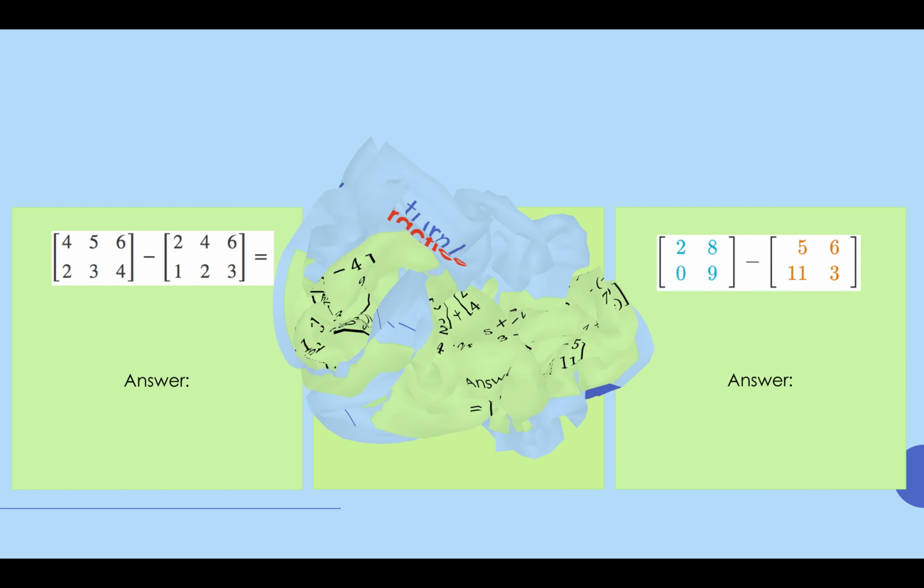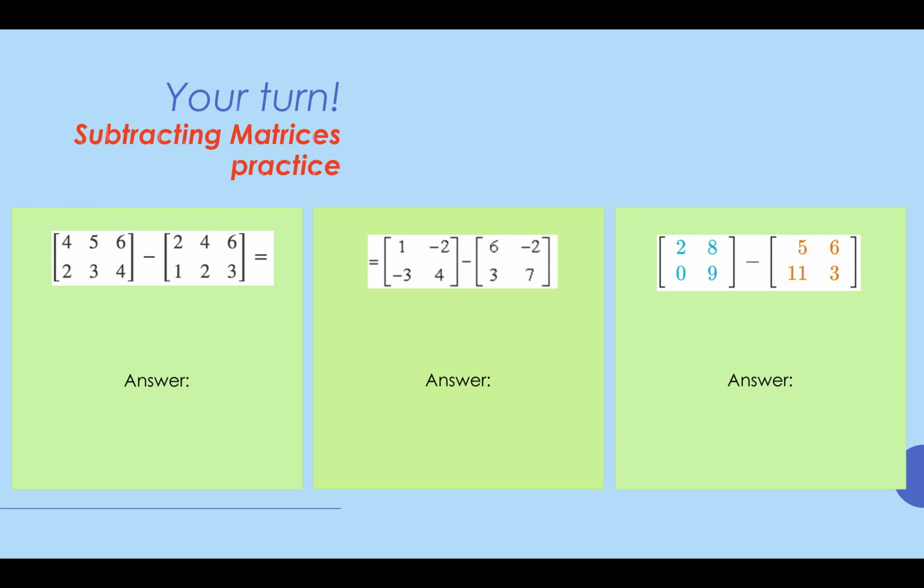Now we're going to go on to some practice problems for subtracting matrices. Our first subtracting matrices problem is the matrices of 4, 5, 6, 2, 4, 6, 2, 3, 4. Oh, sorry, I completely read that wrong. I meant the matrices of 4, 5, 6, 2, 3, 4, minus the matrices of 2, 4, 6, 1, 2, 3.